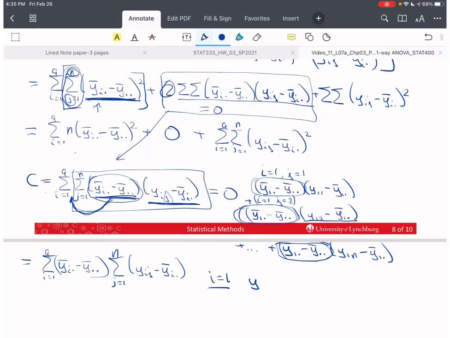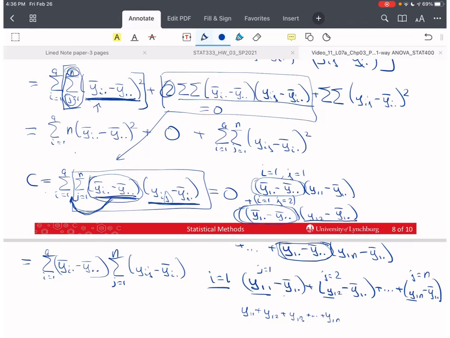Then we would have y11 minus y1 dot bar plus y12 minus y1 dot bar plus y1n minus y1 dot bar. And I have n of these, j equals 1, j equals 2, up to j equals n. So there's n of these terms. And so I have y11 plus, these are all positive, y12 plus y13 plus all the way up to y1n.